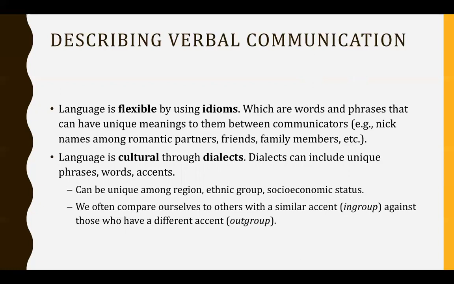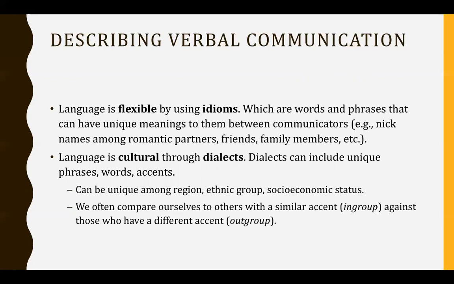Language is cultural through dialects. Dialects can include unique phrases, words, and accents. Now think for a sec. Have you ever come in contact with someone who has a different accent than you?